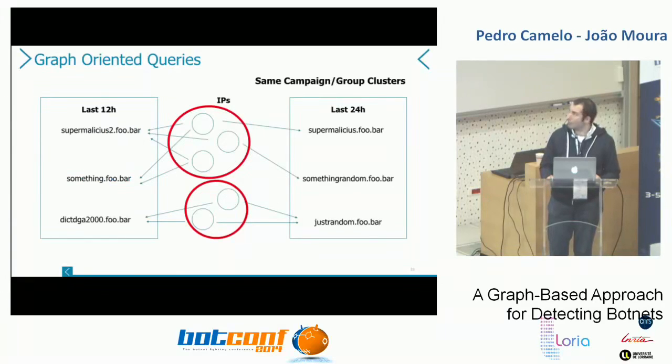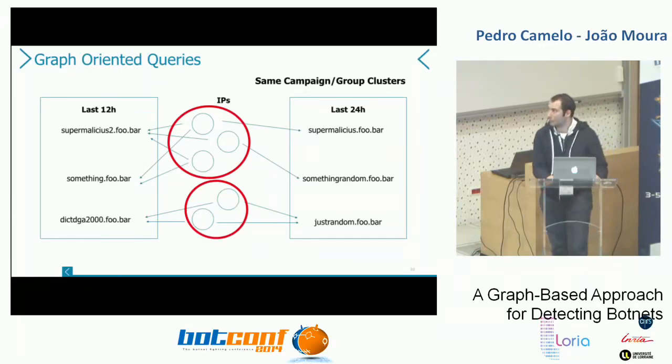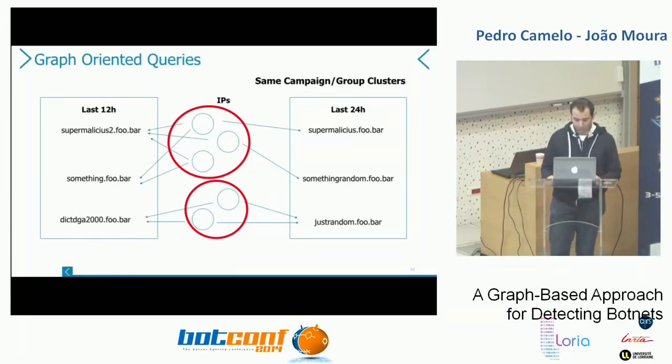So here I try to show what kind of clusters we get. In this case, we only look at the IP connections, source and destination, and can't discover the same campaign or group clusters. On the second one below, we can find another one that happens to be the same family, but we are unable to correlate or discover this.